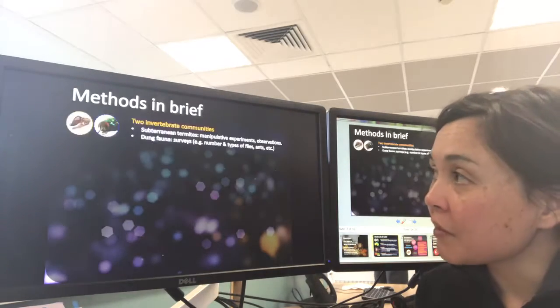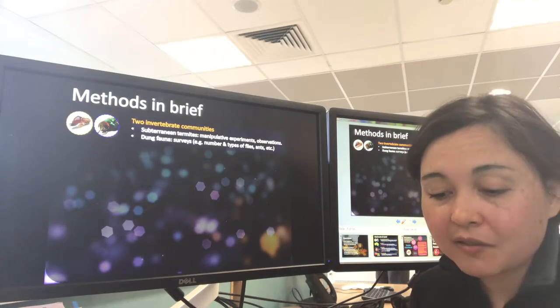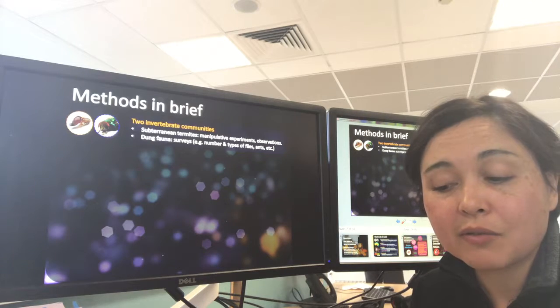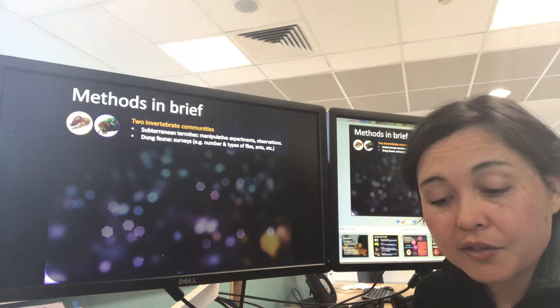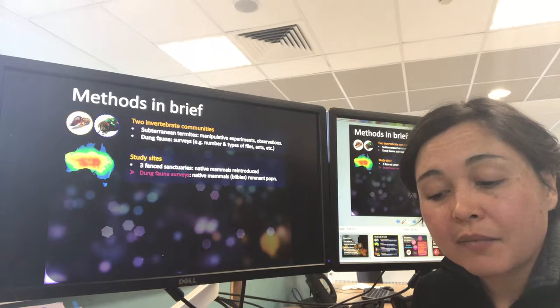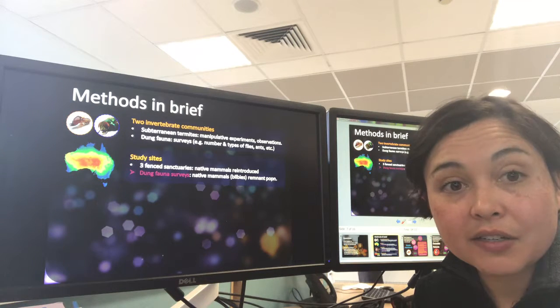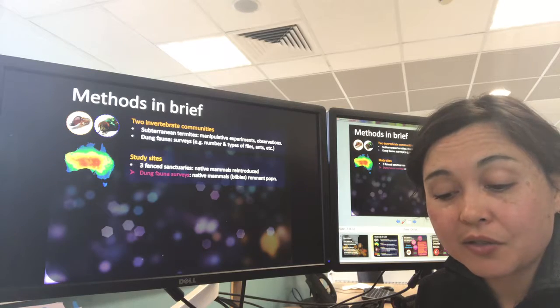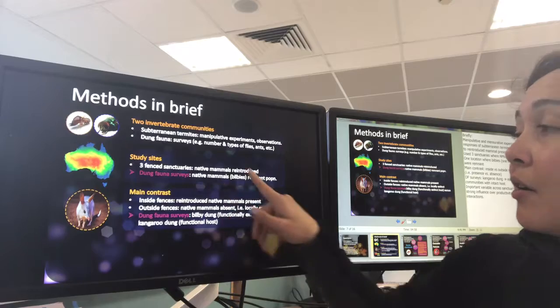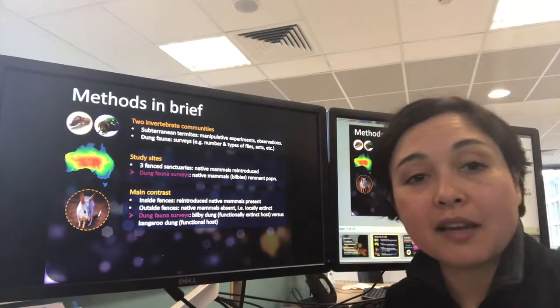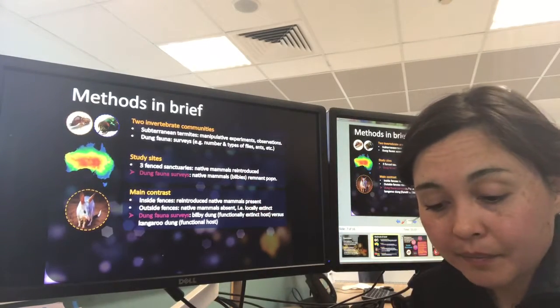So going through the methods briefly, I used manipulative and mensurative experiments to measure the responses of subterranean termites and dung fauna to reintroduced mammals' presence. These were conducted in 3 sanctuaries where the native mammals were reintroduced, and 1 location where the focal species was a remnant population in the Tanami.